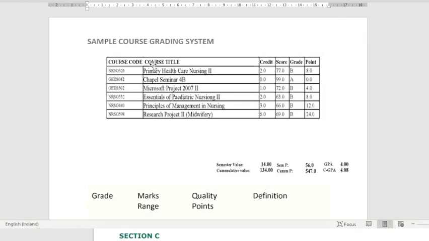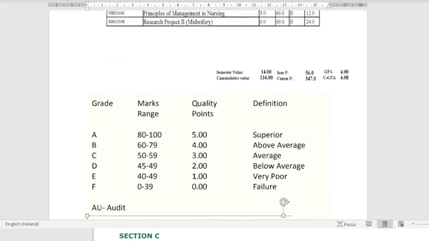For example, this says primary healthcare nursing 2. That's a grading system that has 2 credits and a 77 score, and that's a grade B with a 0.8. Okay, I'll use another one.